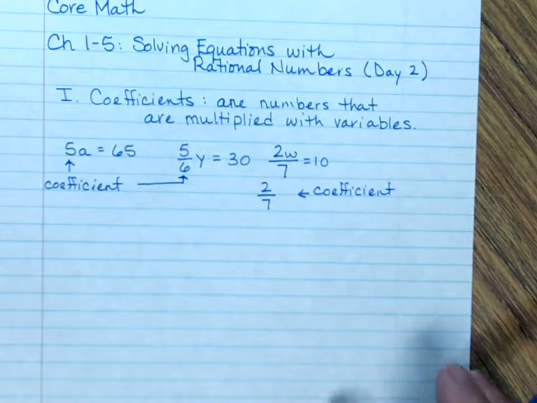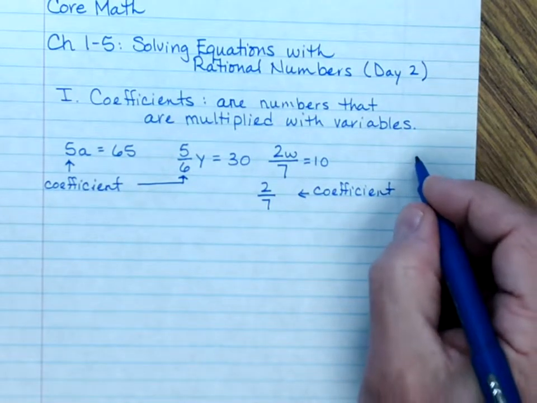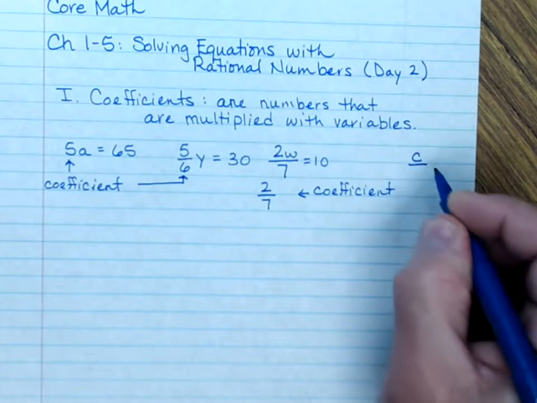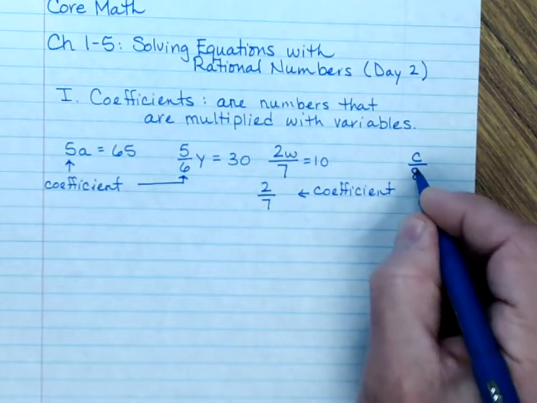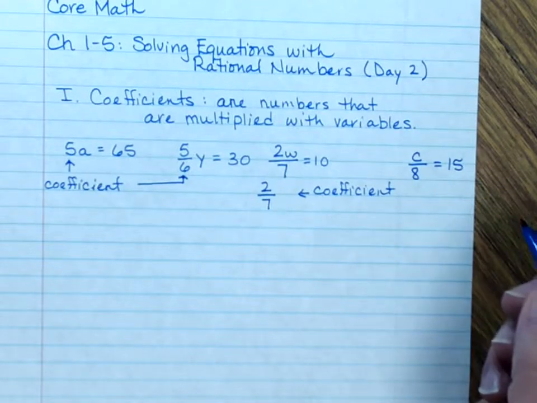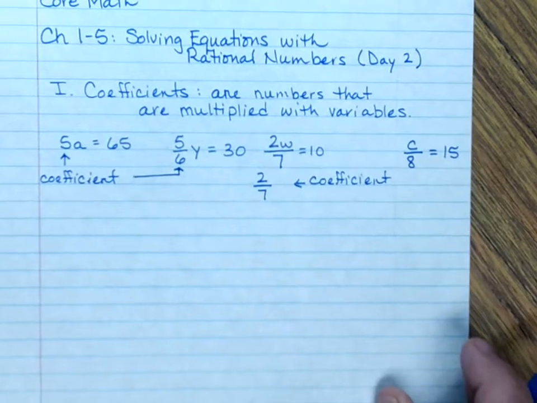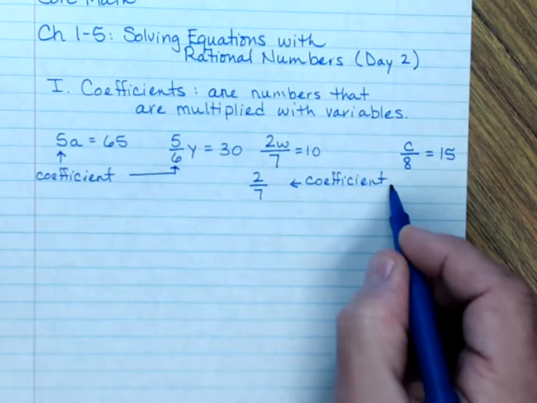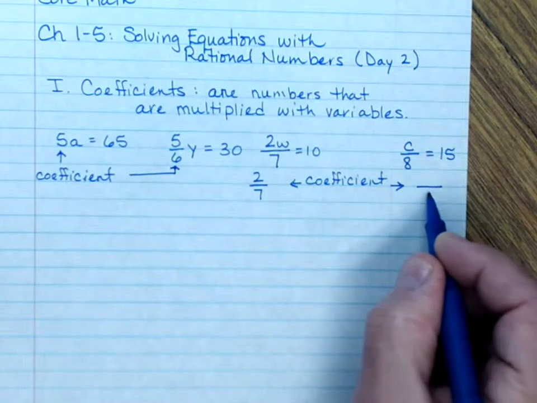Now I've got one more similar to this. C over 8 equals 15. Now remember, this is C over 8. 8 is the denominator. So clearly there's a fraction.